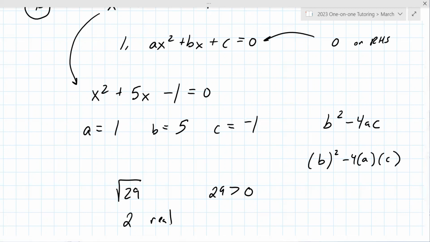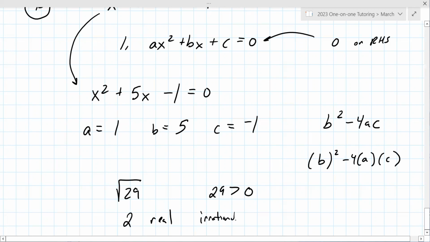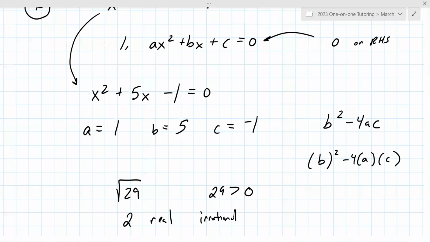Basically, I'm asking you, can you take the square root of 29? No, it'll be irrational. Irrational, yeah. Rational is just a nice way of saying nice, could be a fraction, could be a decimal that repeats. Irrational is not that.